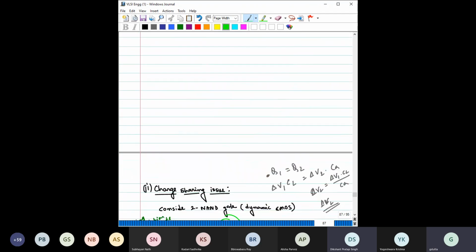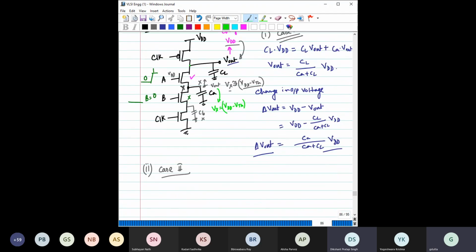Okay, maybe I will write it here. So in this case, it will be CL VDD equal to CL into V out plus CA into VDD minus VTH.